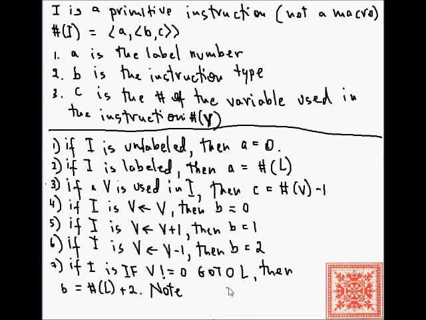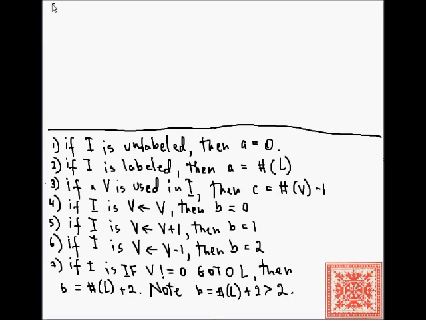Why plus 2? Because B for the conditional will always be strictly greater than 2, since the position of L is at least 1. So we will not confuse the conditional with the other instruction types.